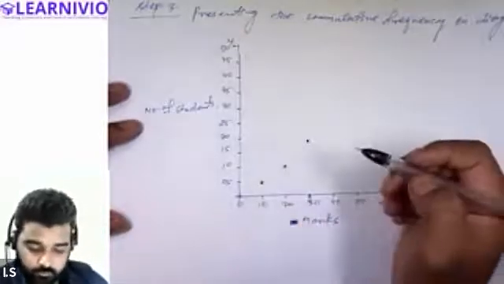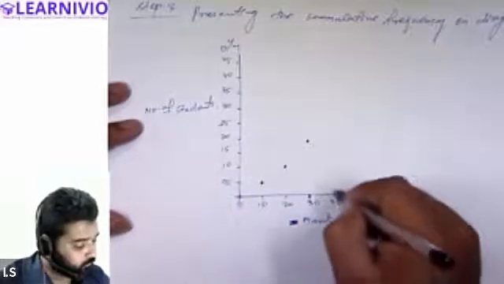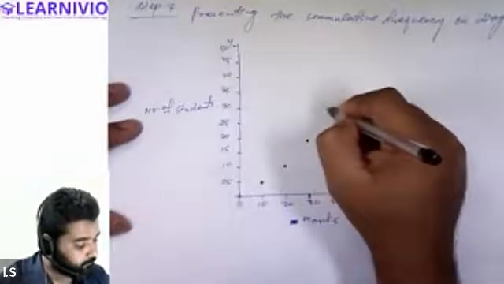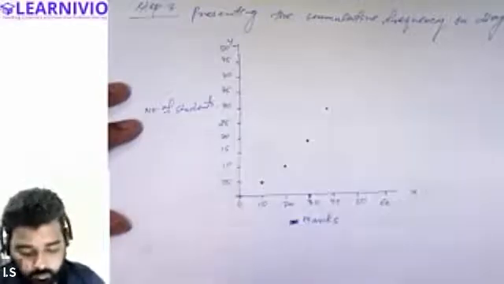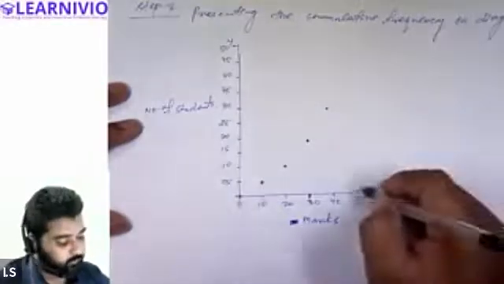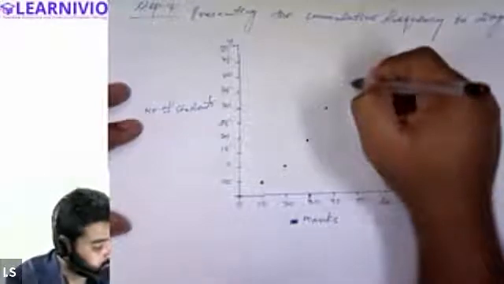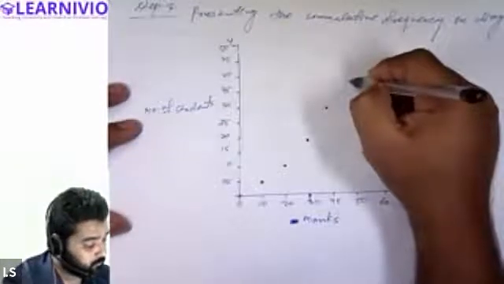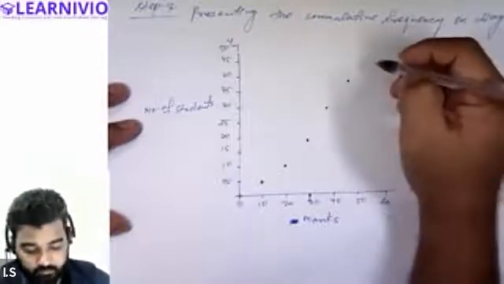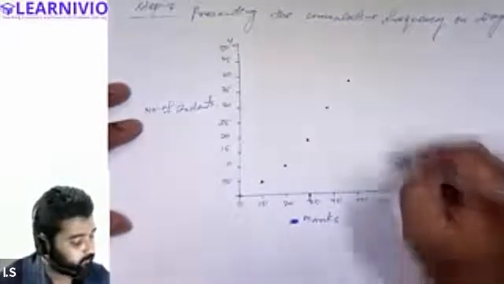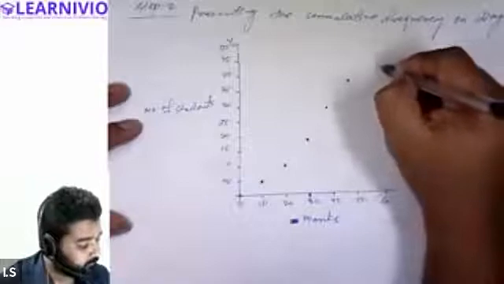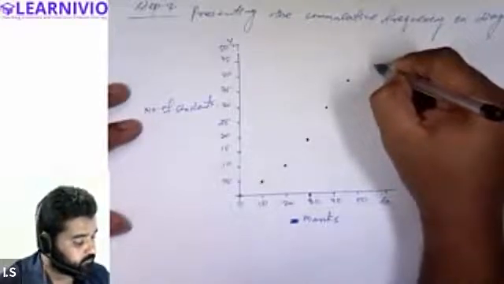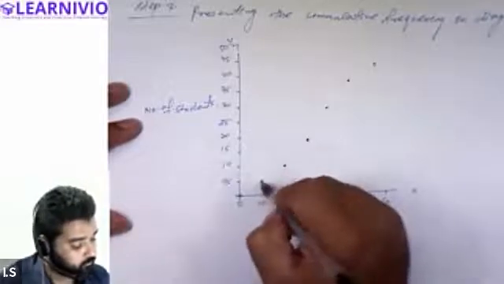Then 32 for 40, and 41 for 50. And then finally 47, which will be somewhere above 45, so here.